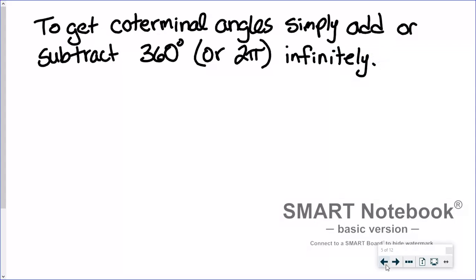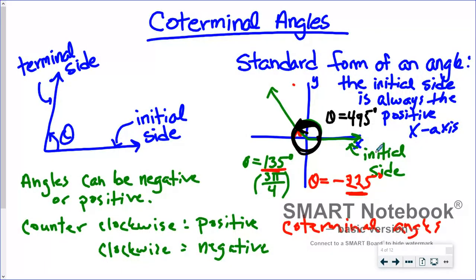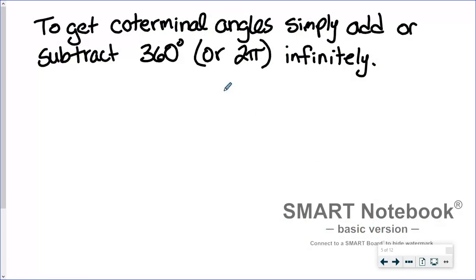Going back to our example, if we started with 135 and add 360, you get to this 495. If you subtract 360, you would get to this negative 225. You can just keep doing that as many times as you want. So every angle has infinite coterminal angles.